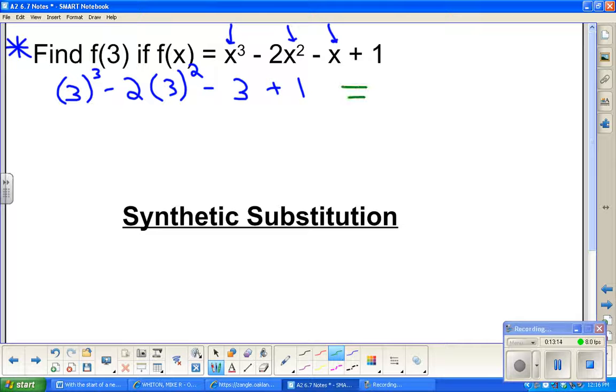We get a 7. Just use a calculator, throw it in parentheses, be careful. That should equal 7. What that's telling us, on this graph, if we graphed this thing, when x is 3, the y value would be 7. That's all it's really telling us. Nothing crazy there, right?